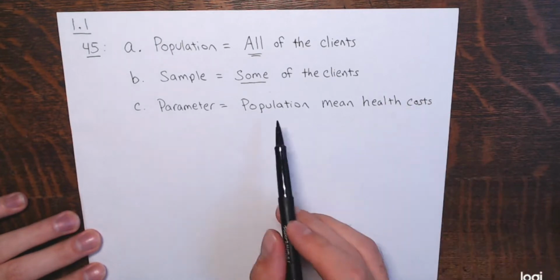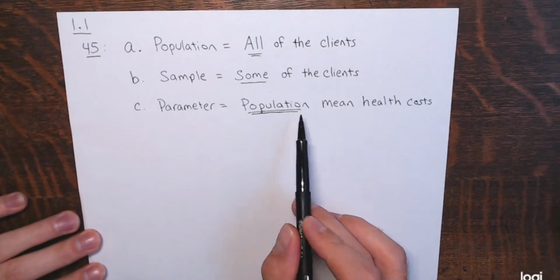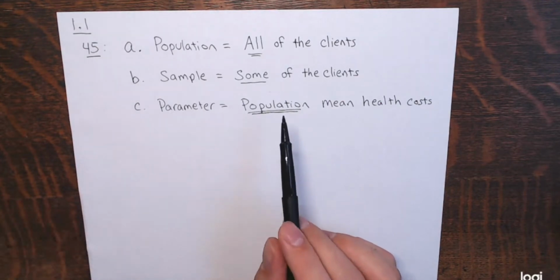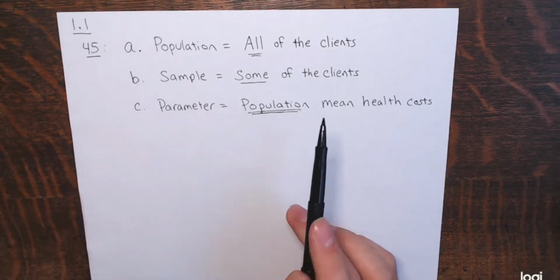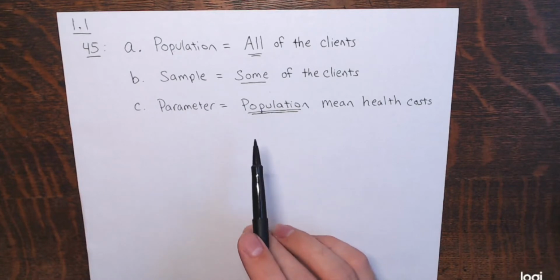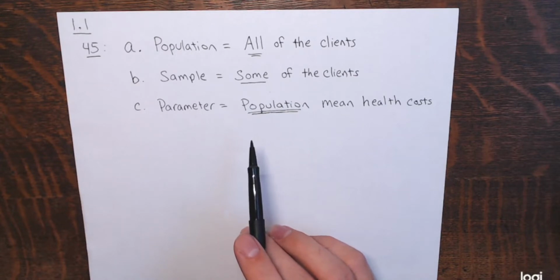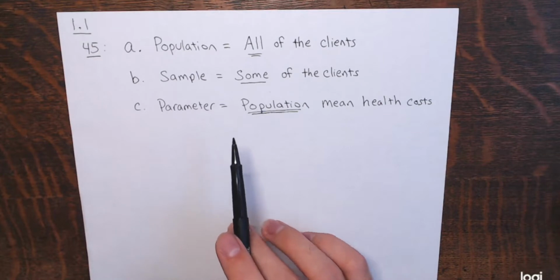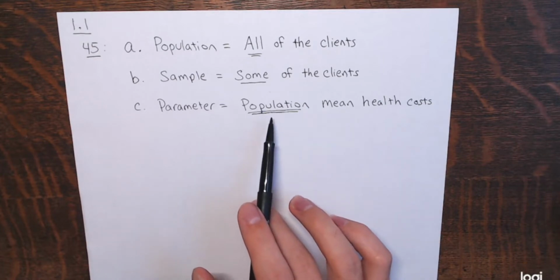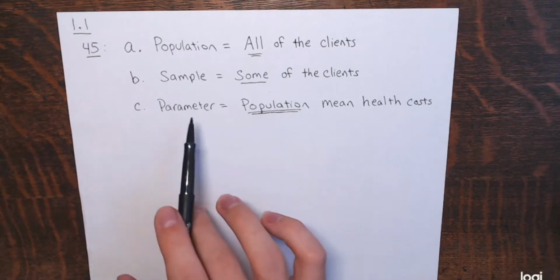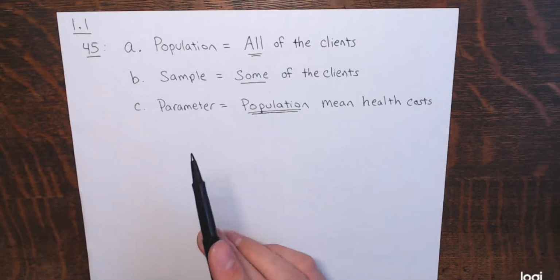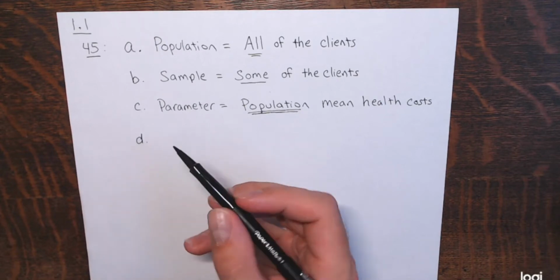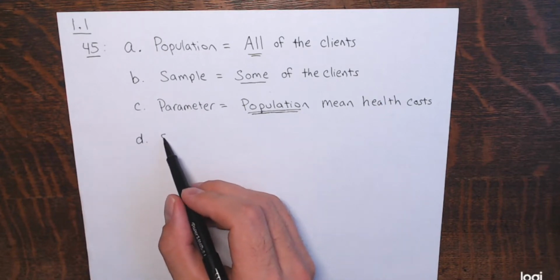So we're going to go through every single client and say, what were your health costs this year? Right, one at a time. And then add those up, divide by how many there are, and find the mean health cost. Now for the population, we're not doing the entire population, but if I were to, that would be called a parameter. What we do most often is find a statistic.